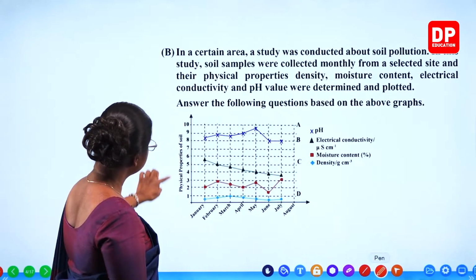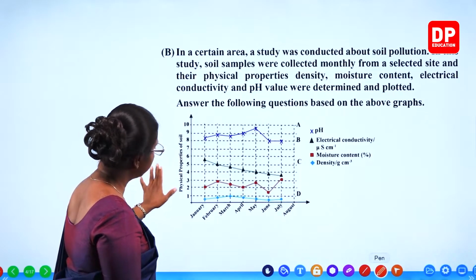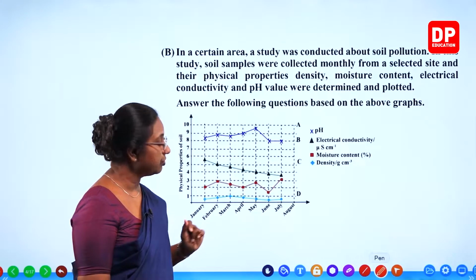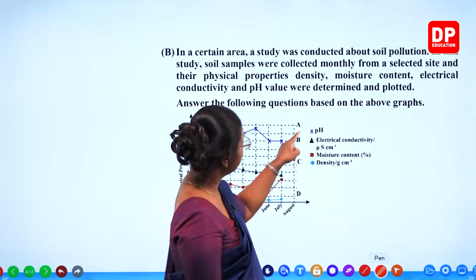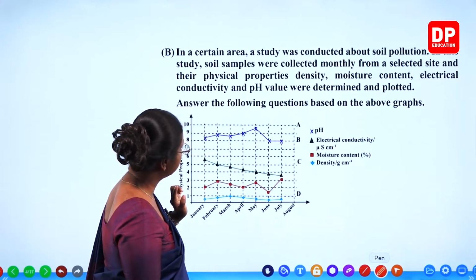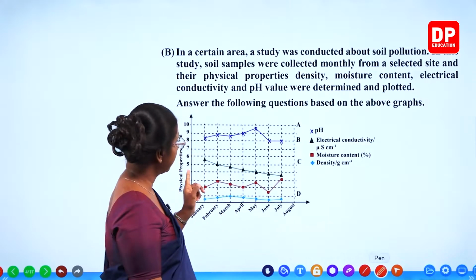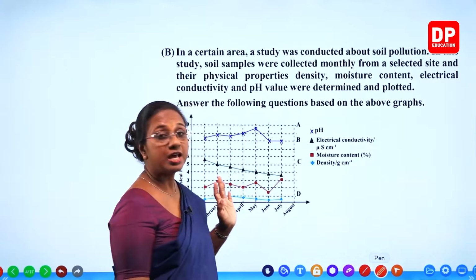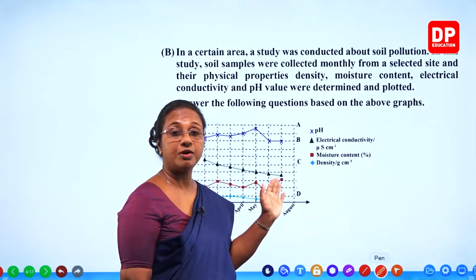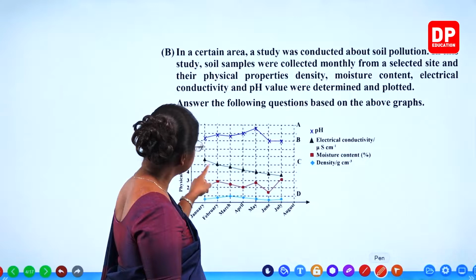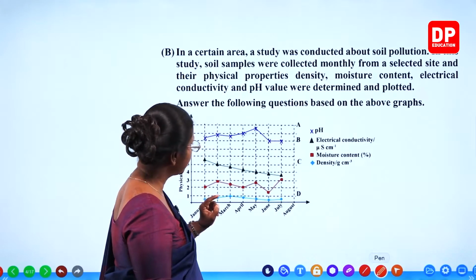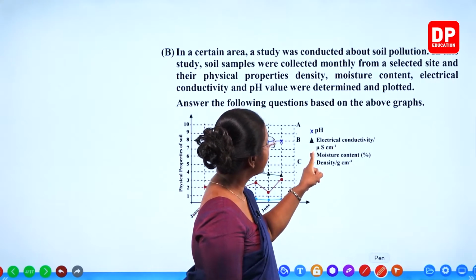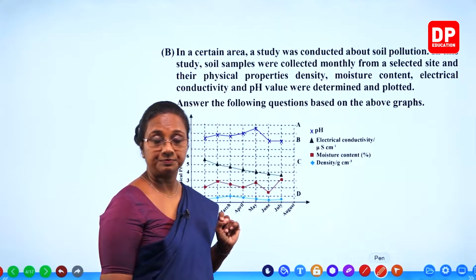Now in that, the physical properties of soil is given. They have not given a specific unit, and here the month is given starting from January to August. And on this side, since they have given 4 different graphs, I have colored it also. The X mark is for pH value. So there is no unit. You all know pH values from 1 to 14. Then the second graph, this one with the triangle shape, that is the electrical conductivity, that is given as microsiemens per centimeter.